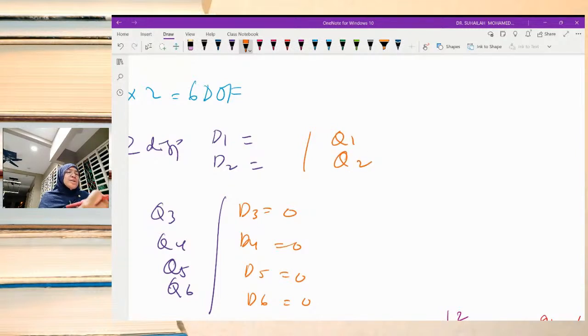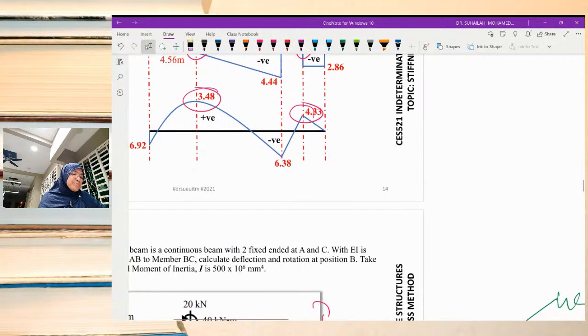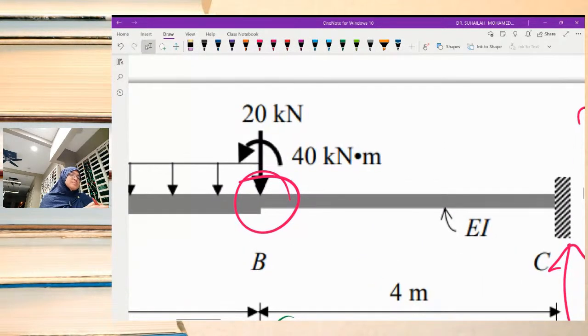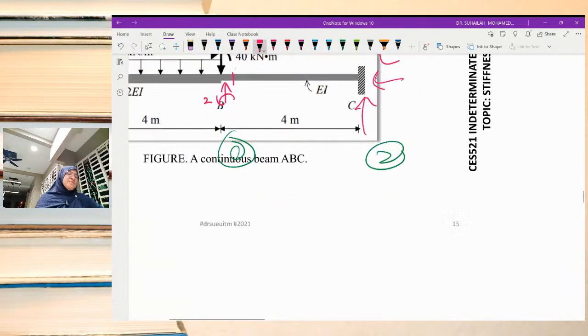Looking back at the main diagram, where we have labelled S1 and S2, Q1 is negative 20 because it is in the opposite direction, and Q2 is 40 because it is in the same direction. So it is negative 20 and 40.